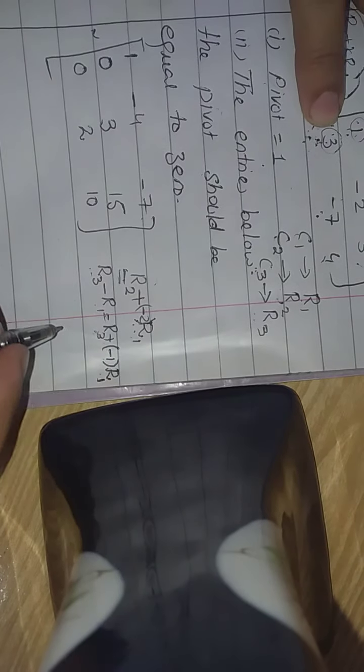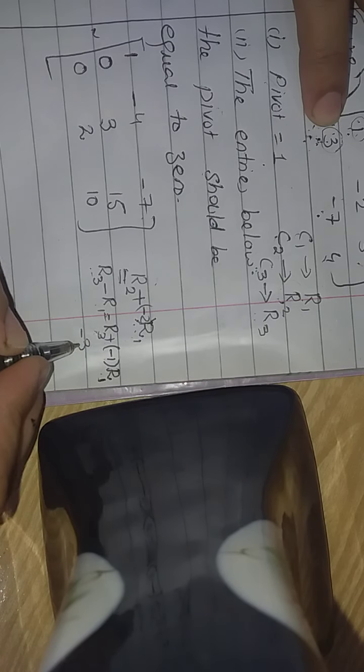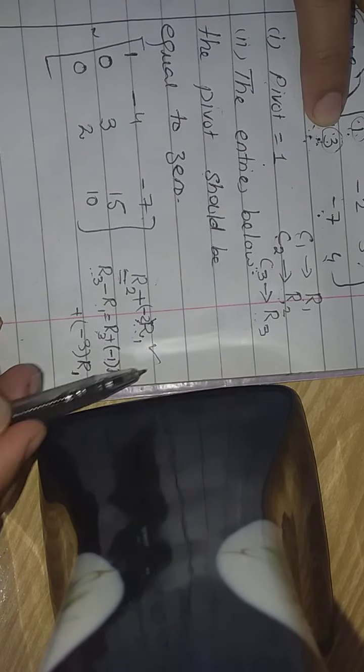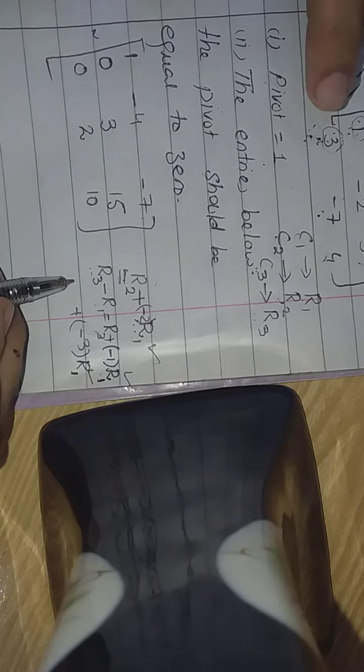Now similarly, to make this 3 equal to 0, what are we going to do? We are going to multiply the opposite of this number. Opposite of this number to which row? To R1, because we are working in column 1. As long as we are working in column 1, we will be using the multiples of row 1, not any other row. And addition will be done to which row?